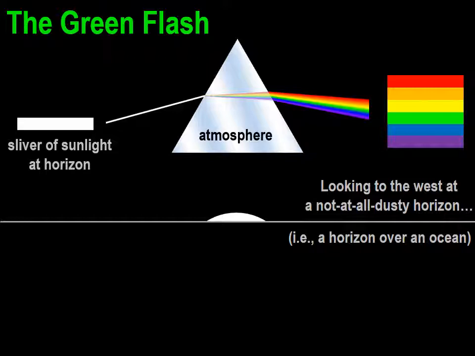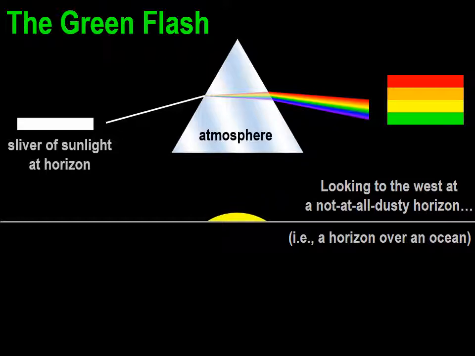Now, at a certain point, the blue and the violet wavelengths are bent too much, and they are actually below your line of sight. So you can see over here on the right that they have disappeared. And what color the sun will look like then, we talked about colors in a previous unit, tends to look yellow.